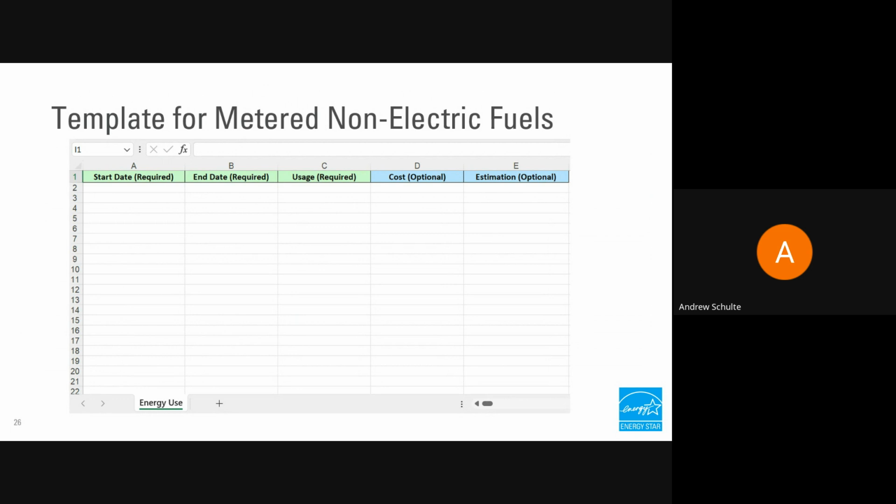At this point in time, there is no single spreadsheet template that will always and forever be accepted by Portfolio Manager. It is something we're talking about and considering whether that is an enhancement that could be made.